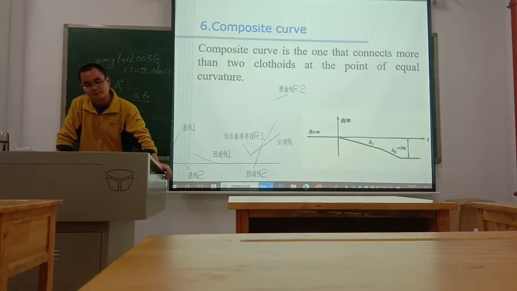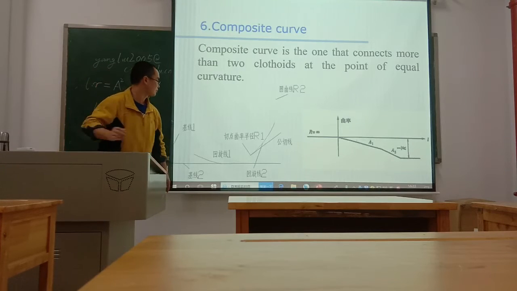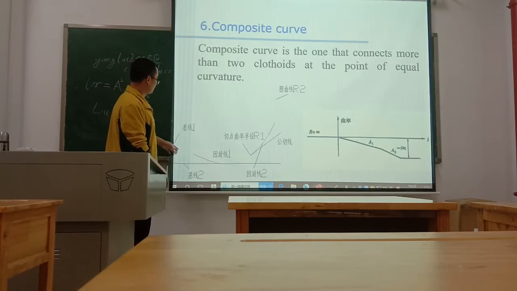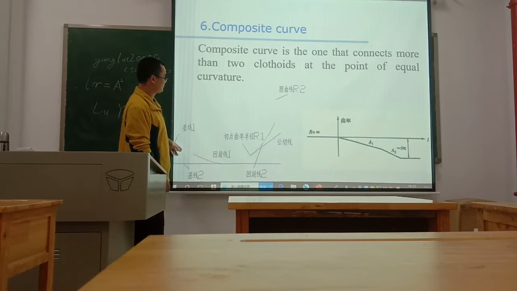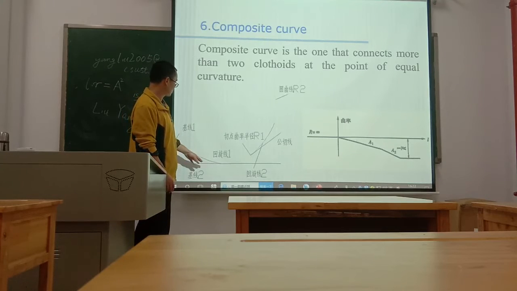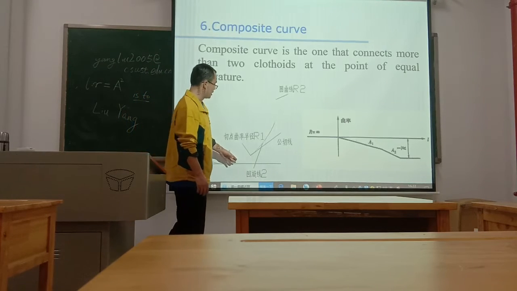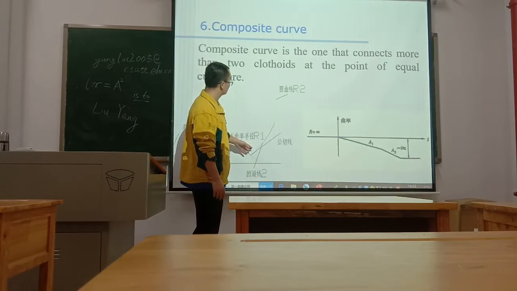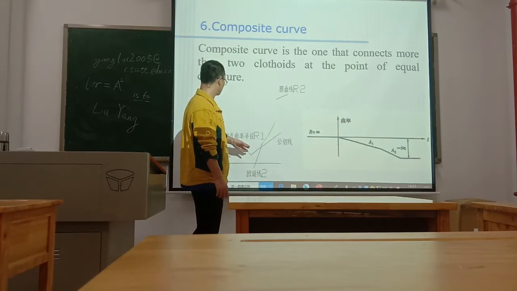Six, composite curve. Composite curve is the one that connects more than two clothoids at the point of equal curvature. This is straight line. This is clothoid 1. This is clothoid 2. This is circular curve 1.